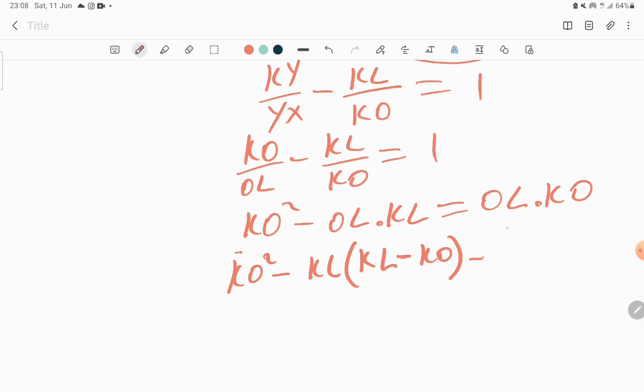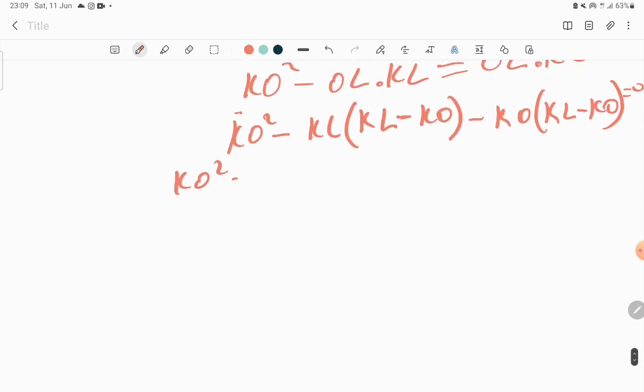Then we take this one to this side. This side also we have KO, which is the same. OL is KL minus KO. So this is what we have, this is equal to 0. Then we have KO squared, then minus KL times KL, which is KL squared.